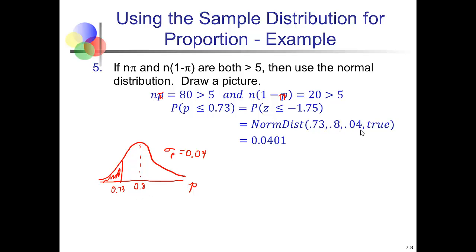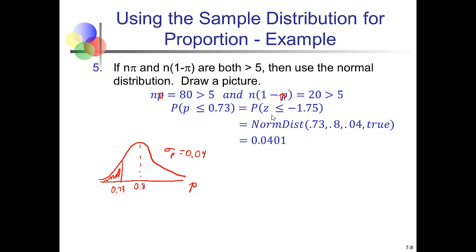Our standard deviation would be 0.04 because that's our standard deviation of all of those sample proportions. We put in true to get it to add all the probabilities together for us. If we plug this into Excel, we get a probability of 0.0401, or there's about a 4% chance that we could get a sample proportion of less than or equal to 0.73.